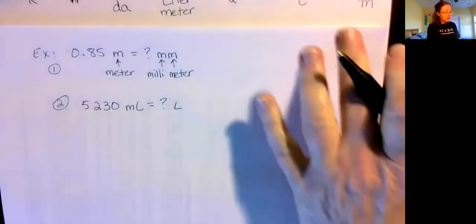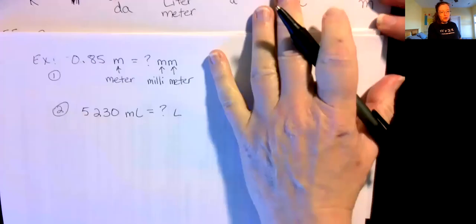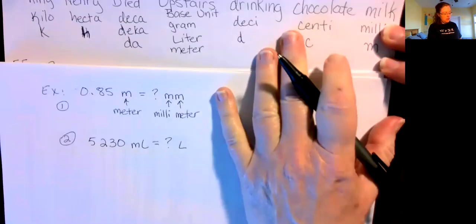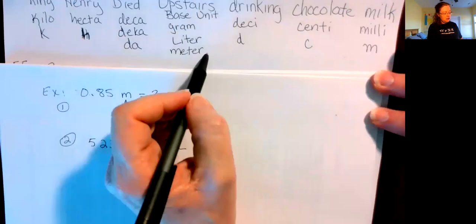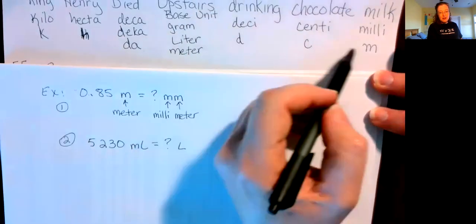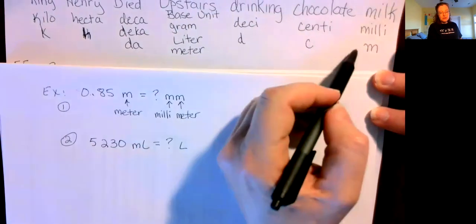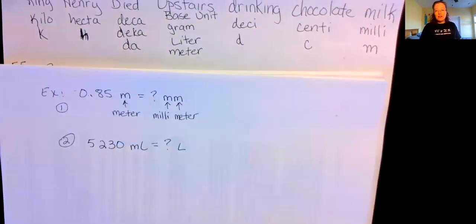I recommend that each time you go through, you write down the letters K, H, D, U, D, C, M. The more times you write down that pattern, the better. And don't feel like you have to do King Henry died upstairs drinking chocolate milk.